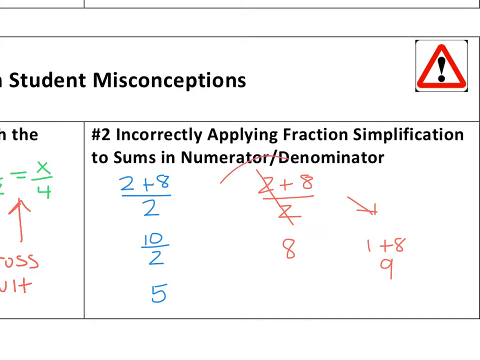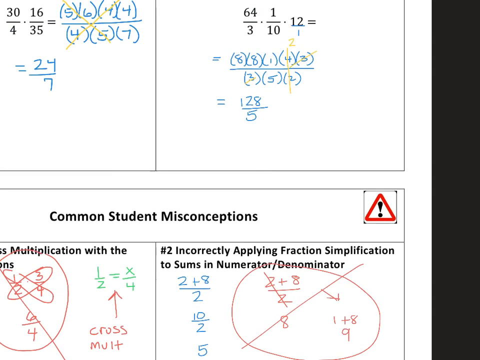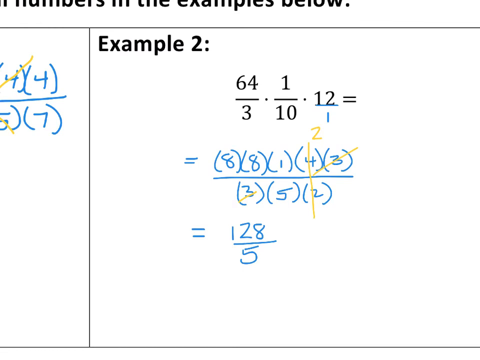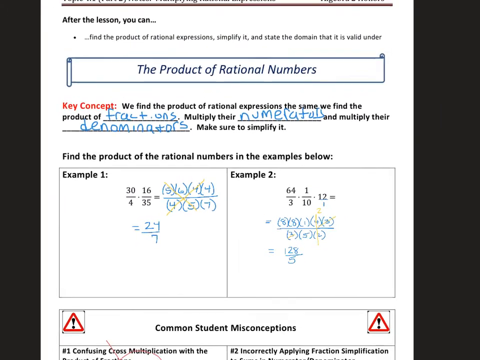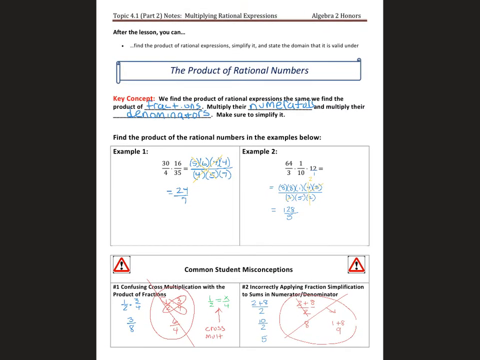So we cannot cross out or reduce anything unless they're products. So if you look up here, everything here is being multiplied together, everything. There is no sum or difference. And so that is a really important point. Don't incorrectly start canceling things when we have sums or differences.